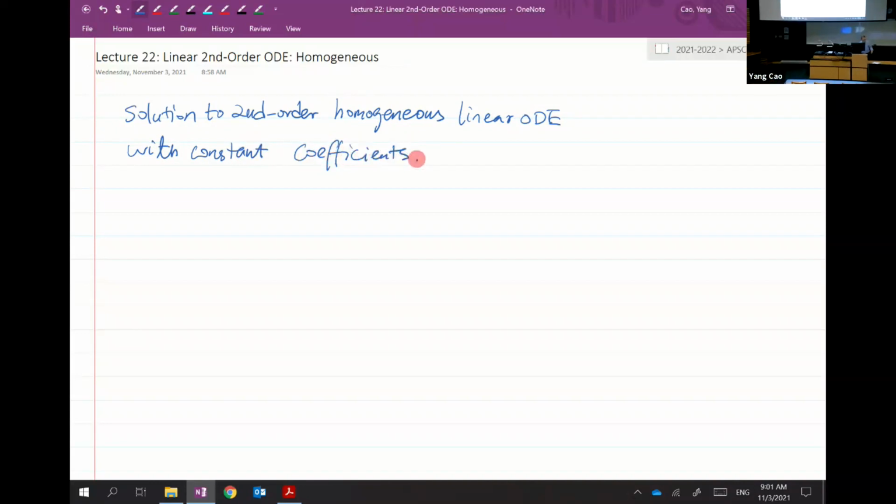All right, so let's continue on this solution to second order homogeneous linear ODE with constant coefficients.